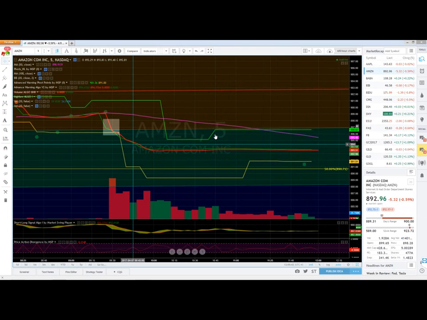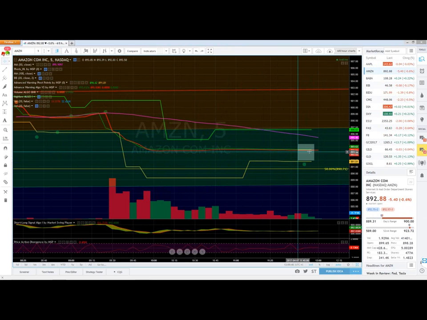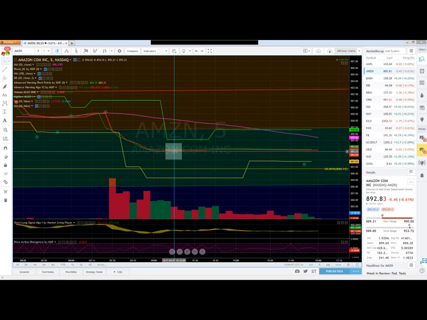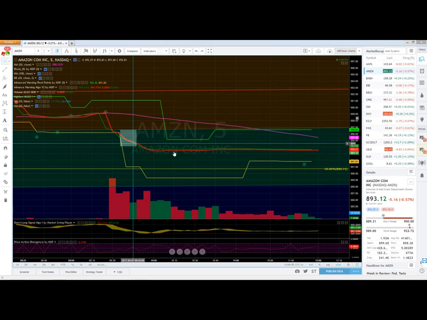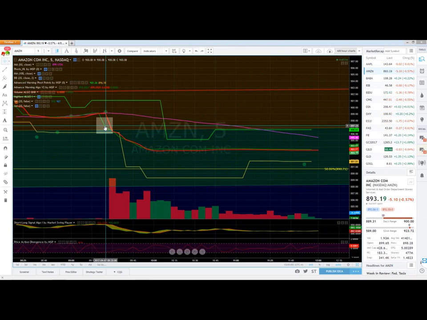So here you see the line coming down and going sideways like this. This is called the advanced warning algo. And what it does is when the red is over the green, it's bearish. And when the green is over the red, it's bullish.